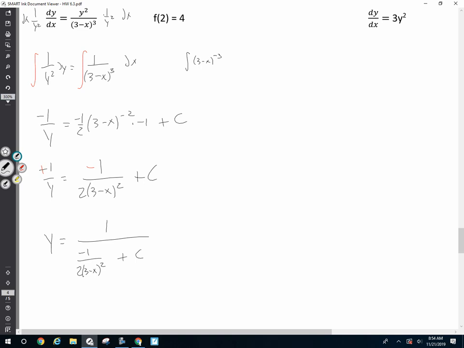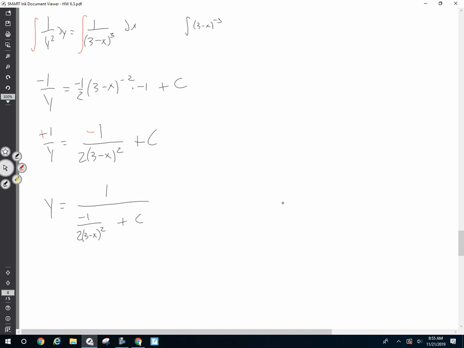So now that I have this, I'm certain there are ways to simplify this, but it's tough when I don't know what c is. I can multiply the top and the bottom of this by 2(3 minus x) squared, but then it would be next to the c, and we'd still have to incorporate it. So I'm really going to leave it like this, and I'll simplify later.